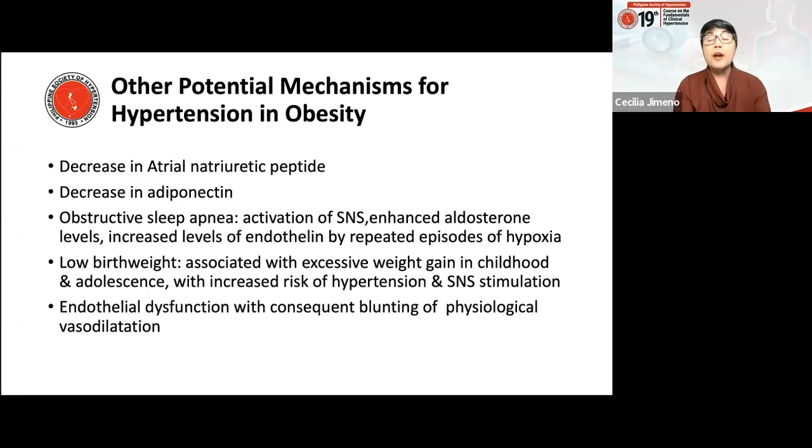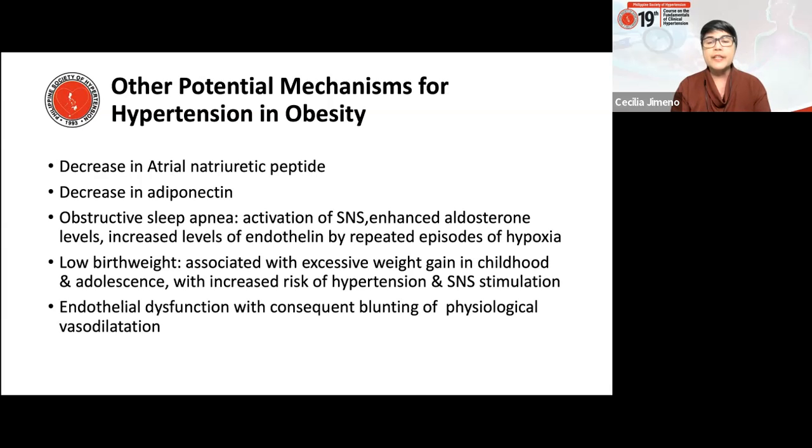Those who have low birth weight are actually more prone to develop obesity or excessive weight gain in childhood and adolescence, with again increased risk of hypertension. And the endothelial dysfunction that is found in the various spectrum of insulin resistance leads to a blunting of the physiologic dilatation.